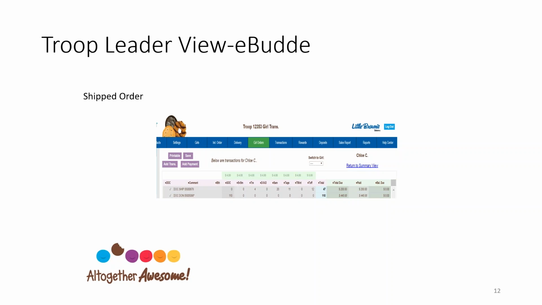If it says DOC donated, the customer donated the cookies. Now, you don't have to assign these cookies. This is automatic. As soon as a customer places an order, it is going to show up in the Girl Orders tab in eBuddy. So this is not something you have to do. It's automatic. Also, the money, I'll get to that in a second, but pretty much the cookies are going to be directly assigned to the girl as the orders are placed.